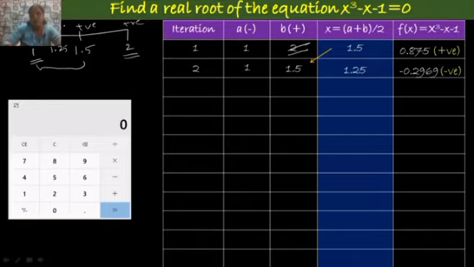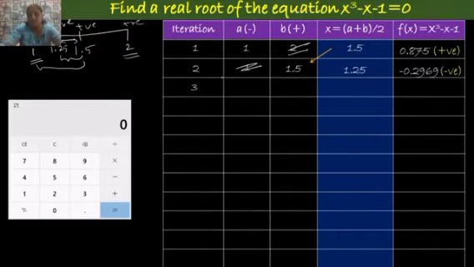At this point the function takes a negative value, which means now the root of the equation lies in the interval 1.25 to 1.5, isn't it? Since it is negative, you have to replace the value of A, 1, in the third iteration.